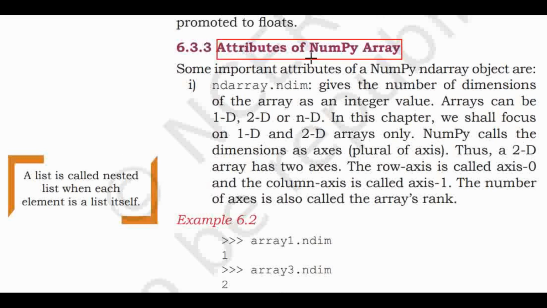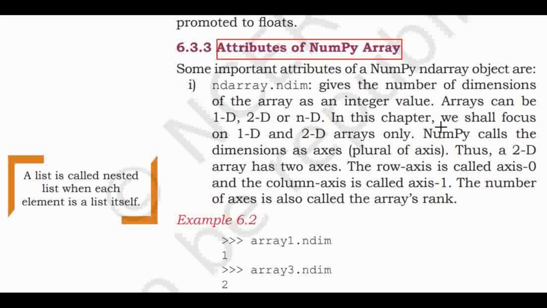Attributes of a NumPy array. Some important attributes of a NumPy ndarray object are: ndarray.ndim gives the number of dimensions of the array as an integer value. An array can be one-dimensional, two-dimensional or n-dimensional.